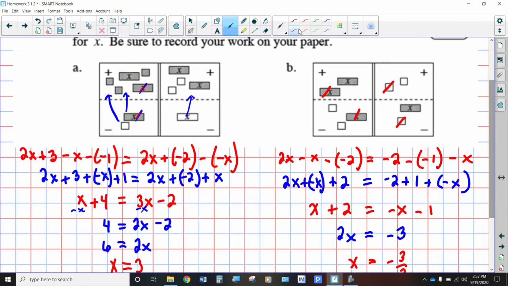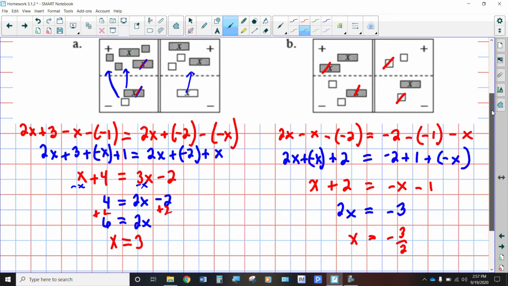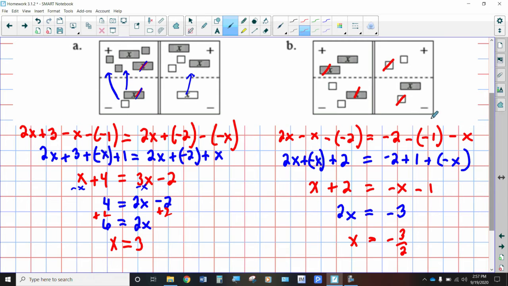Then you add 2 to each side, and that's how eventually you get your x is equal to 6, so x has to be equal to 3. On this side, if you've done all the legal moves, you would have actually gotten a fractional answer, which is sort of impossible to model using the algebra tiles. It's okay because we're going to leave those behind anyway as we start getting deeper into rational number answers.